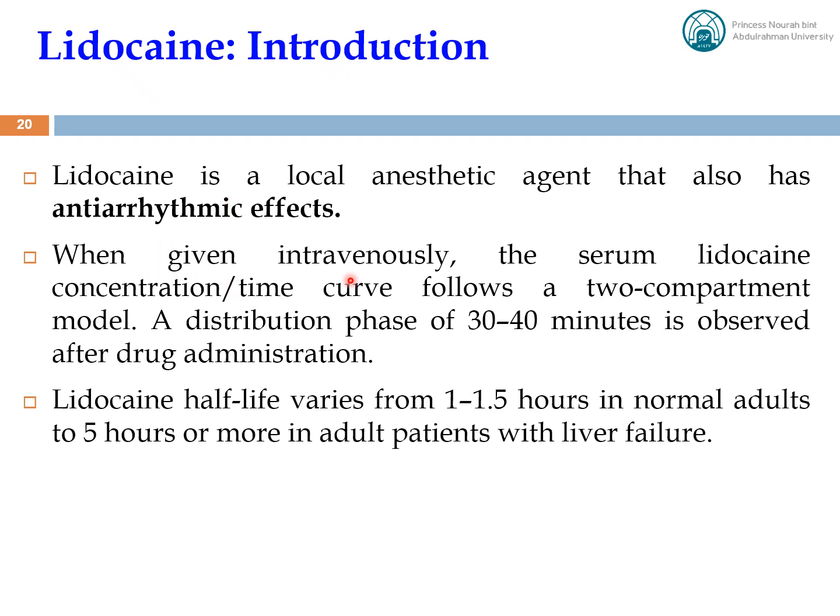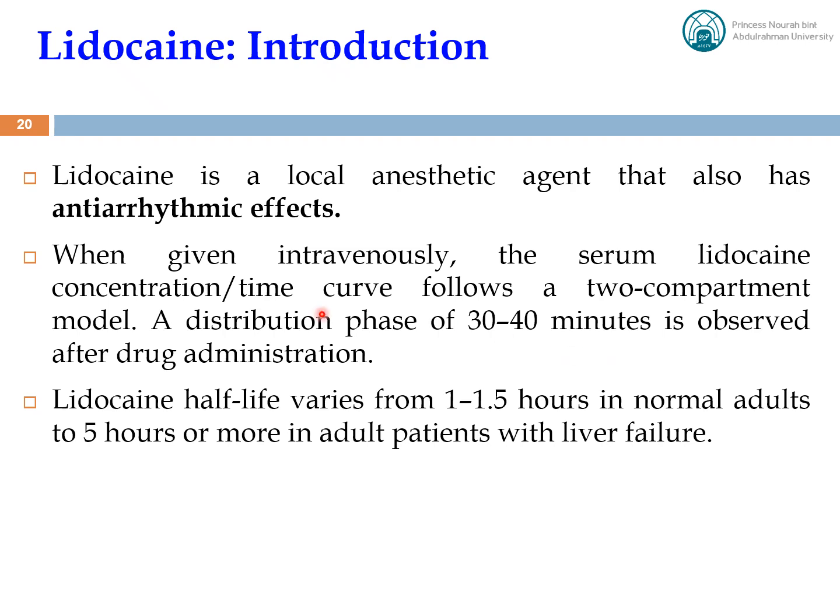When given intravenously, the serum lidocaine concentration-time curve follows two-compartment modeling, similar to digoxin. The distribution phase in our case lasts 30 to 40 minutes after administration, while you can remember that the distribution phase for digoxin was around 8 to 12 hours.